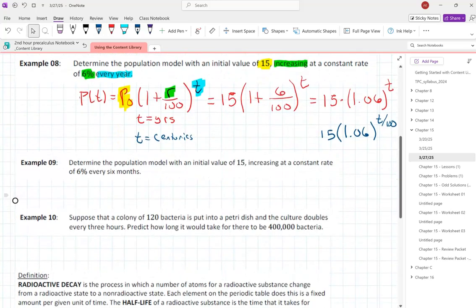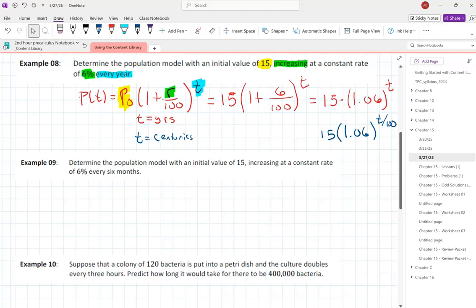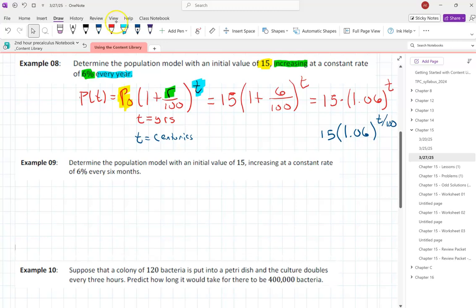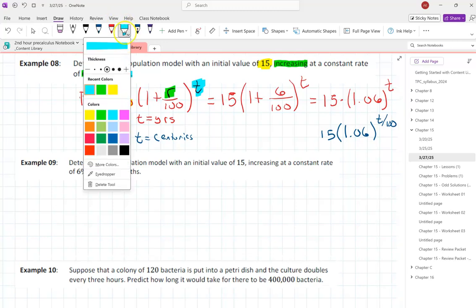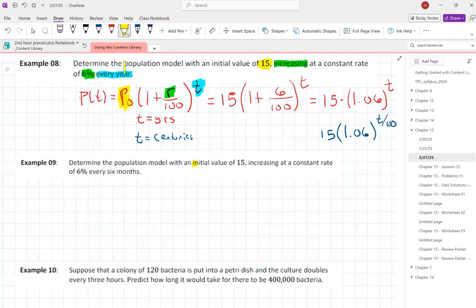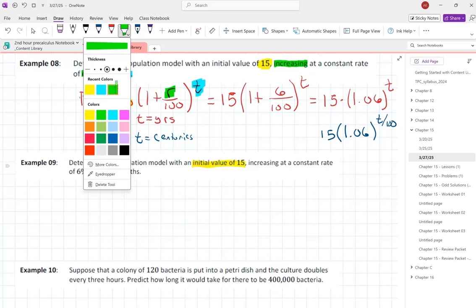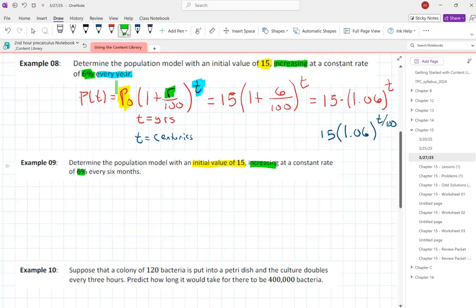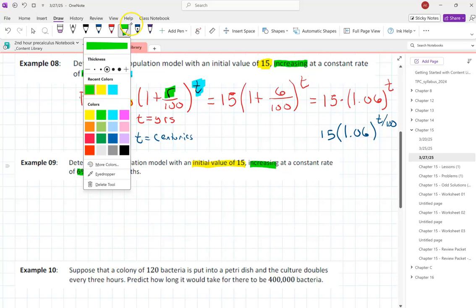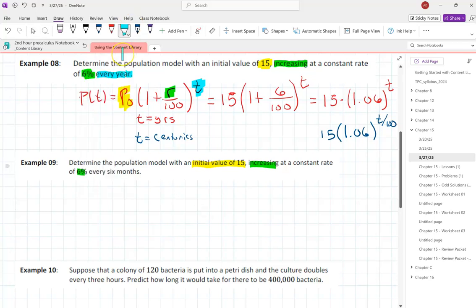But if we look at the next example, it reads almost identical, right? It's like, okay, well, initial population of 15, increasing, constant rate of 6%. The only difference is that happens now every 6 months instead of every year.